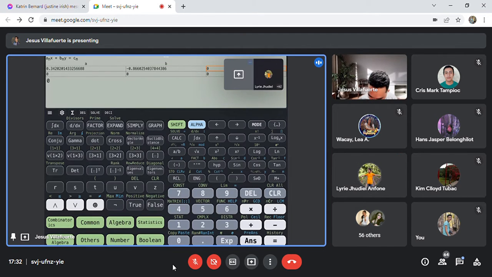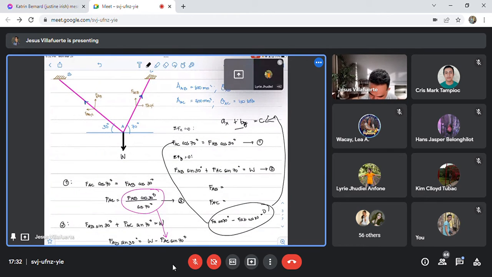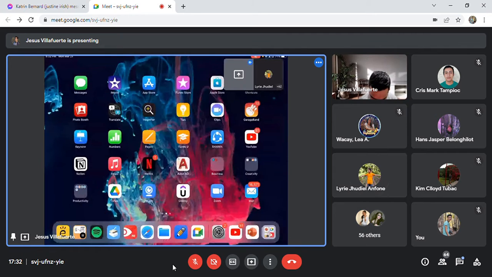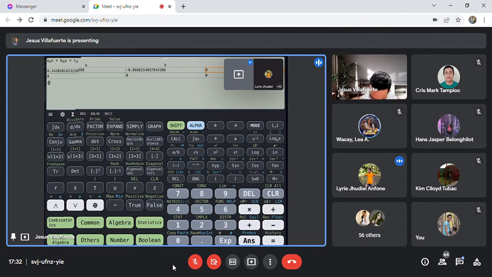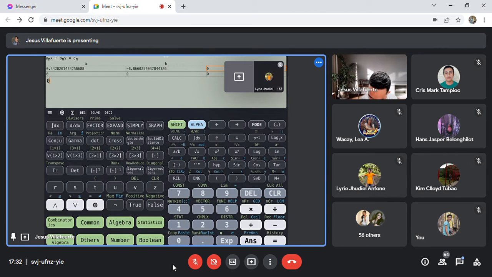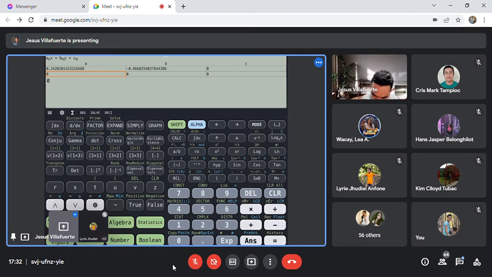And then, what is the value of your C? It is 0. So you input C as equal to 0. Now we have moved on to the second equation.